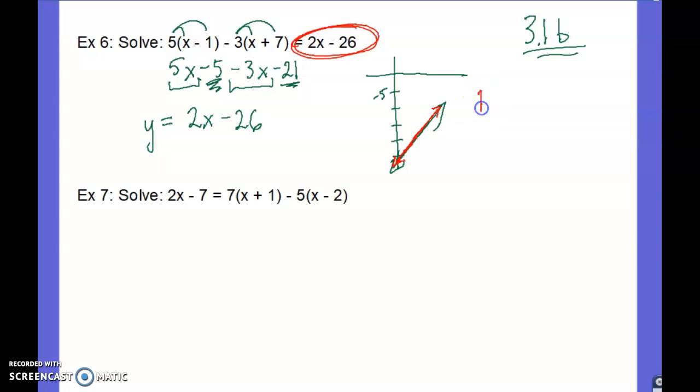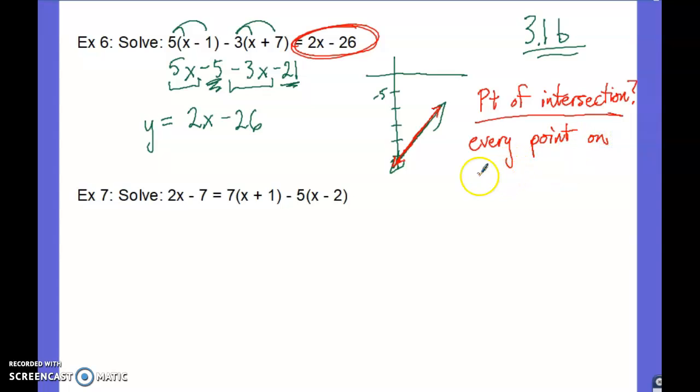So if my question to you is, what is the point of intersection? That answer is actually everywhere. So every point on the line is a point of intersection.